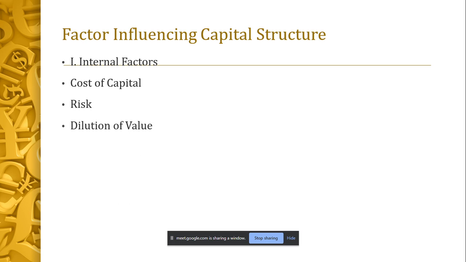Now moving forward, the next one is dilution of value. What might this be? Imagine an organization made fully of equity.